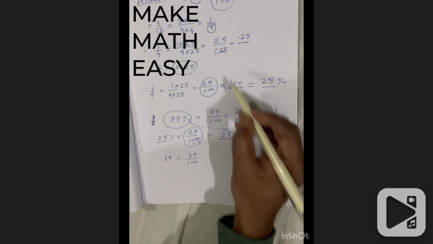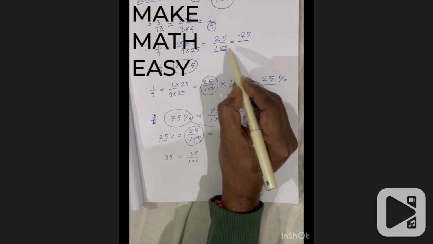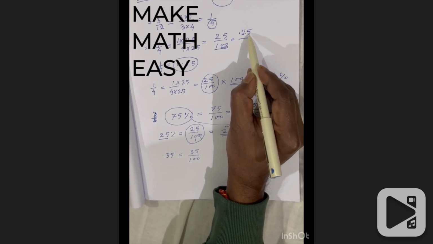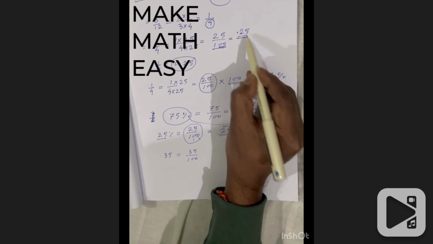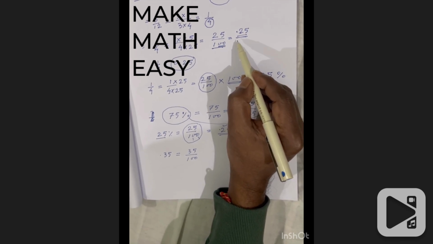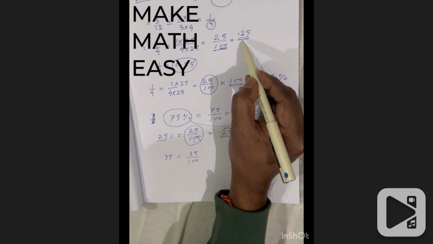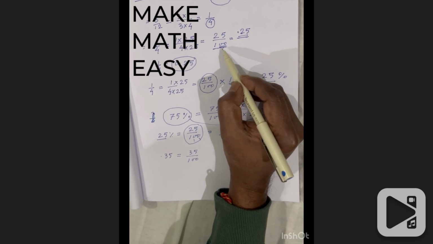Here we saw that 25 over 100 is converted into the decimal 0.25. If we go in the reverse process, then 0.25 is converted into a fraction by dividing the numerator by 100.